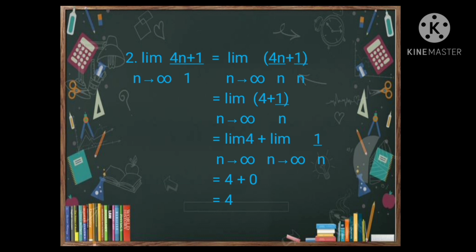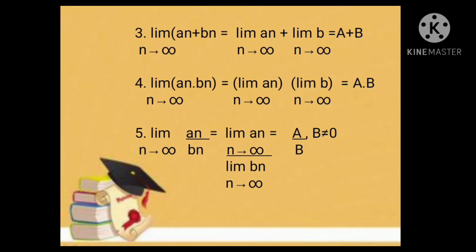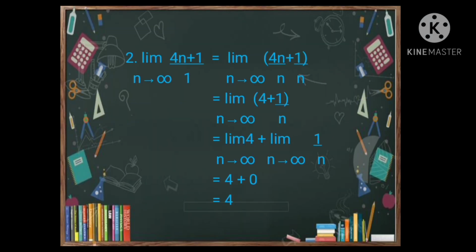So the limit of 4 plus the limit of 1 over n as n goes to infinity, and 1 over n goes to 0. So 4 plus 0, so the answer is 4. The answer of this given is 4.